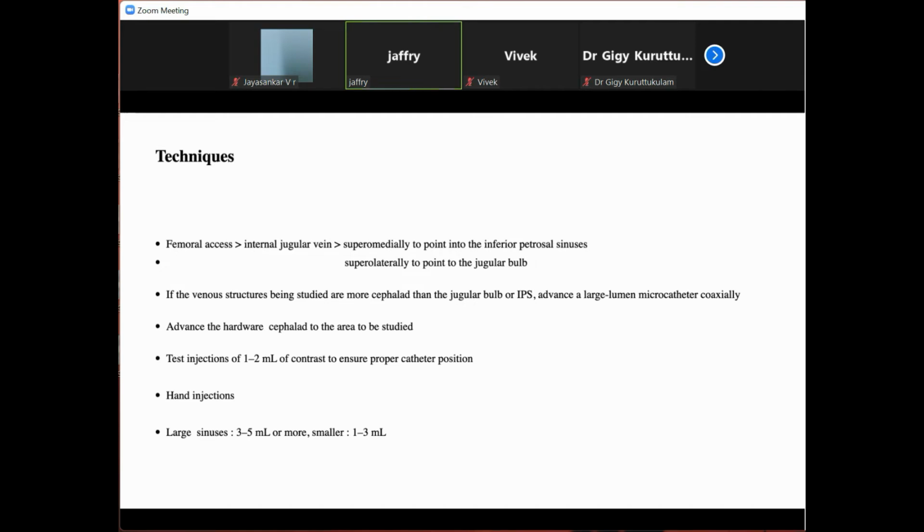And for the large sinuses, the recommended volume is 3 to 5 ml per injection, and if needed, depending on the size of the sinus, we can increase the quantity of contrast while injecting.